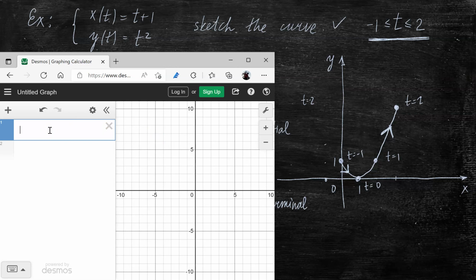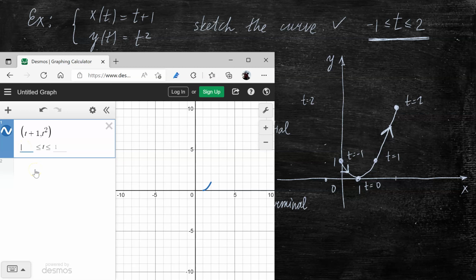syntax is pretty simple. So you just put in parentheses as you are typing the ordered pair, but instead of x and y, we're going to type the equation for x and the equation for y in terms of t. And Desmos recognizes it as a parametric equation, and it draws the parametric curve on this default domain.